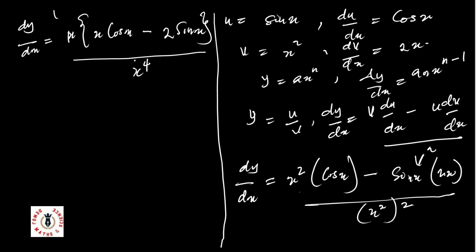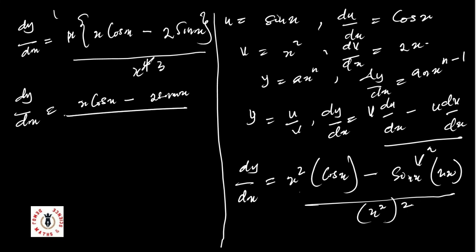X here is 1, x here I will be left with 3. Conclusively, my dy dx is the same thing as x cos x minus 2 sine x, all over x cubed.